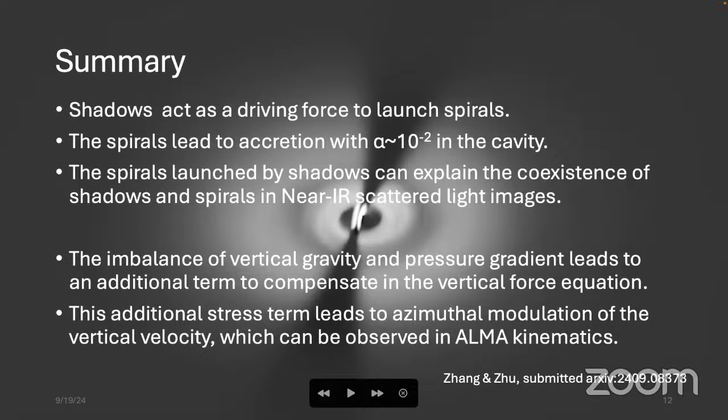In the vertical direction of the disk, this imbalance between the vertical gravity and the pressure gradients makes the disk move in the vertical direction. And we can very likely observe this vertical motion in current ALMA observations, such as exoALMA. Thank you for your attention, and I would be happy to take some questions.